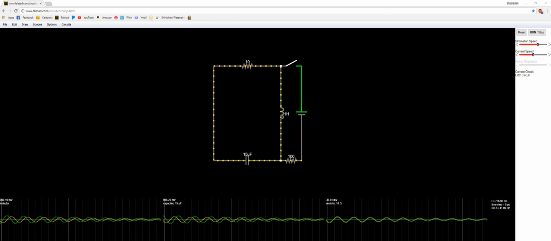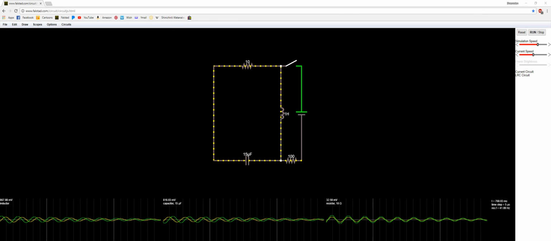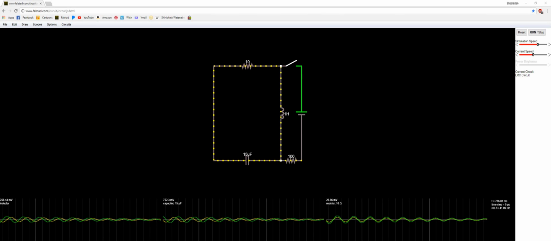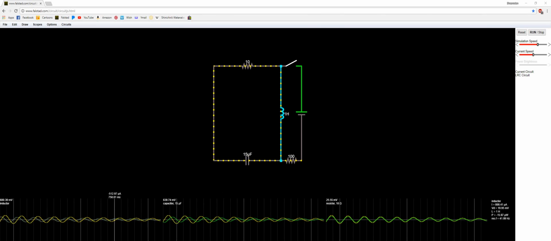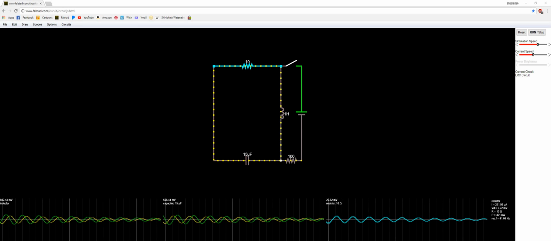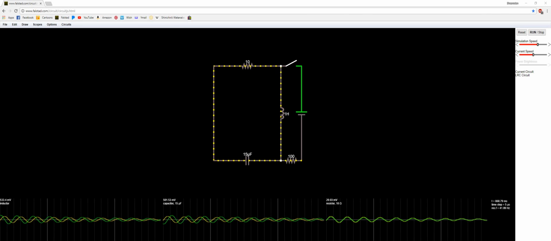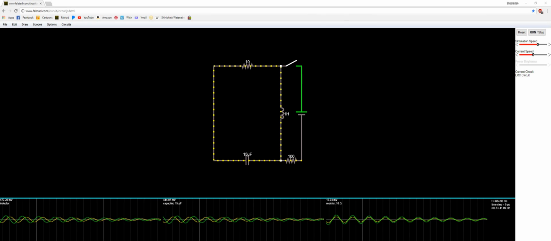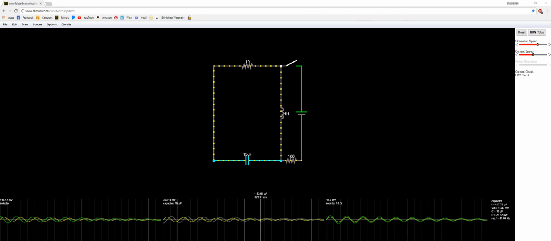You just log on to the website, and there it is. Boom. You don't have to give them your email, your phone number, your credit card. And as you can see, everything in the circuit is animated. You can see the current moving, you can see the voltage going up and down on sections of the wire. You can read any component in the scope down below.